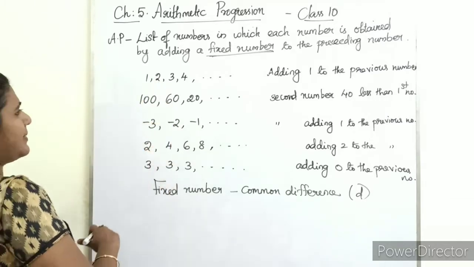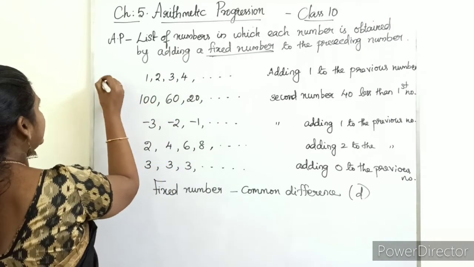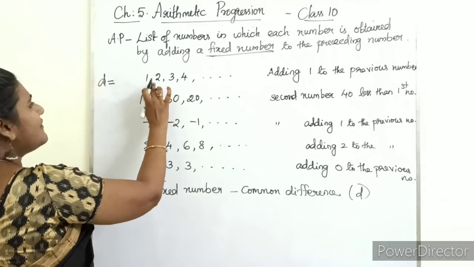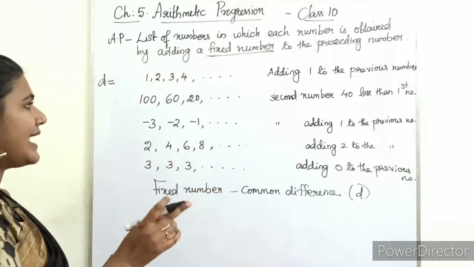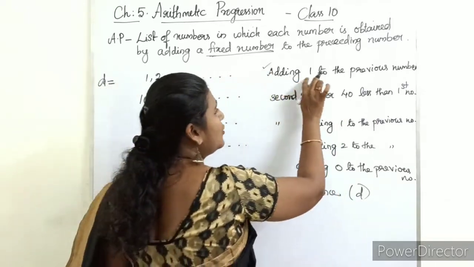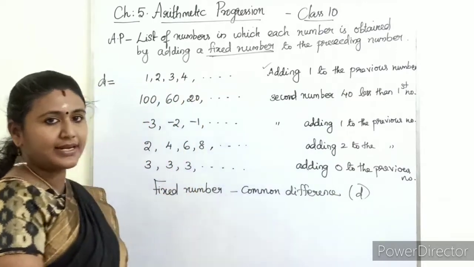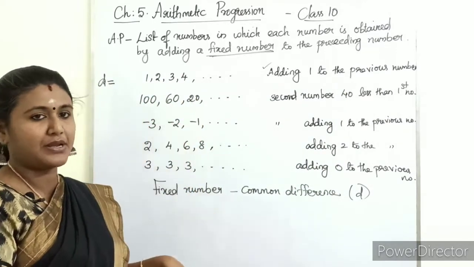In each of these examples, what is the common difference? For the first example, d is equal to which number are we adding to obtain the next number? 1. To get the next term, you have to add 1 to the previous number.